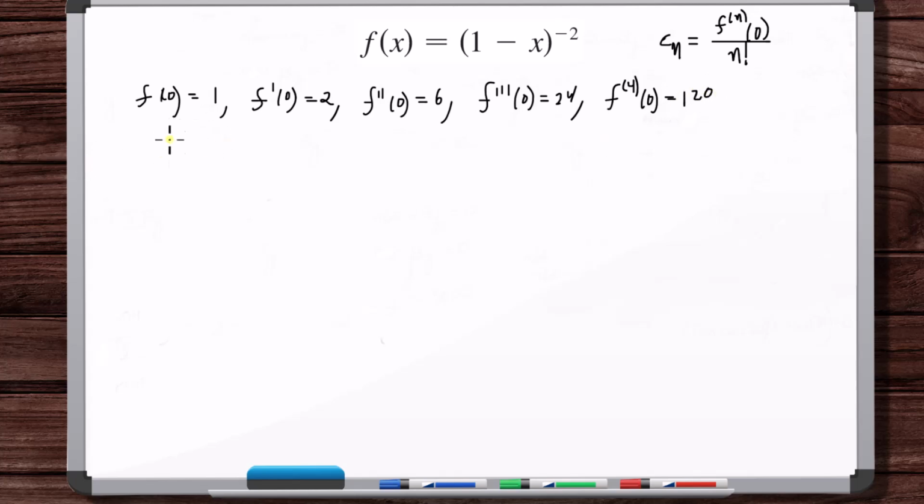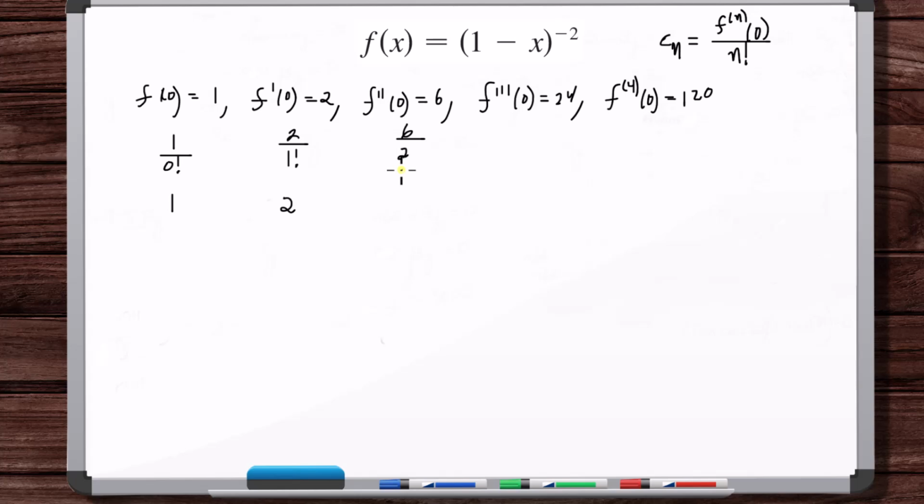Okay, so let's divide each of these by n factorial. So here we've got 1 over 0 factorial. 0 factorial is 1. Here we've got 2 over 1 factorial. This is the 0th derivative, this is the first derivative, that's the n. So this is 2. Here we've got 6 over 2 factorial.